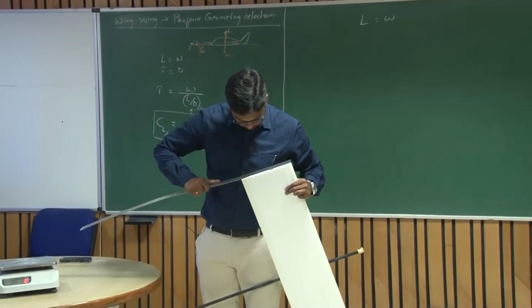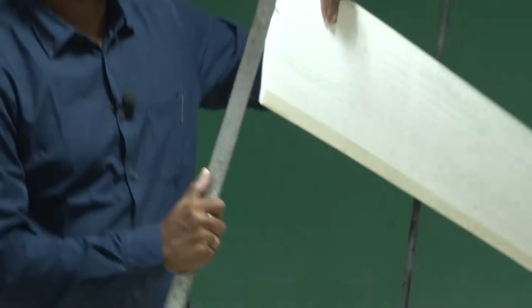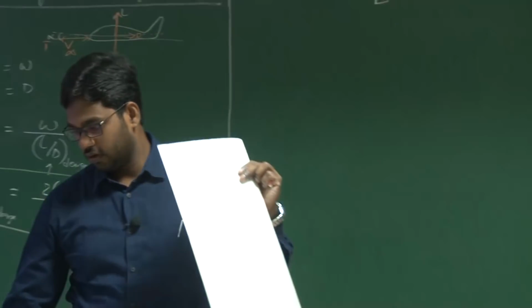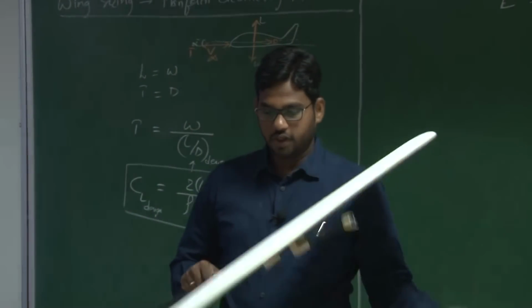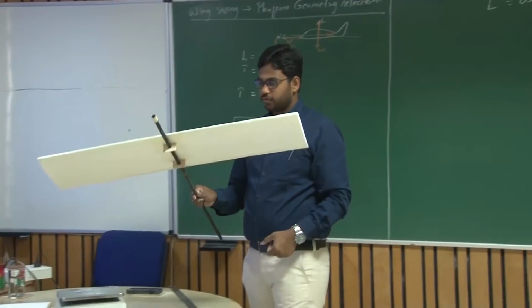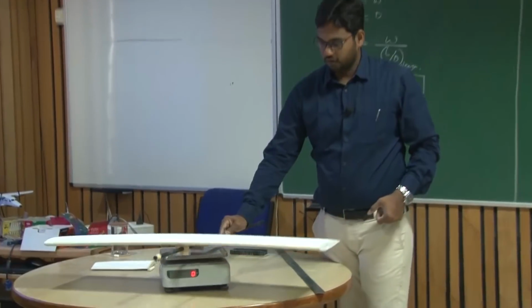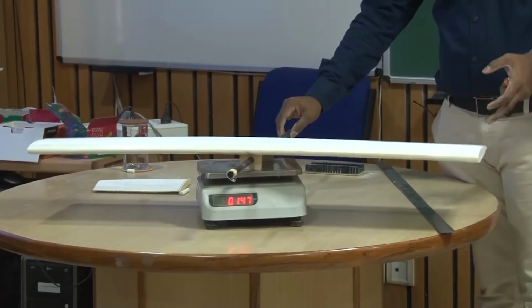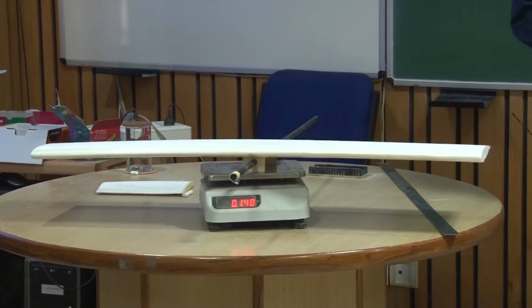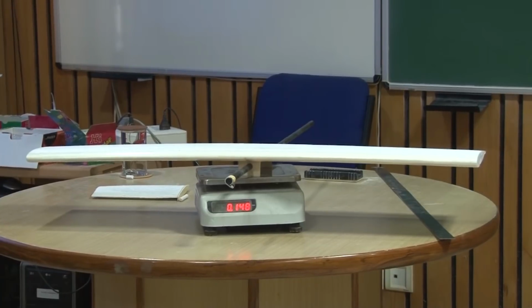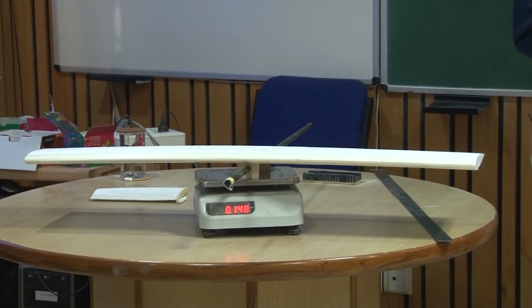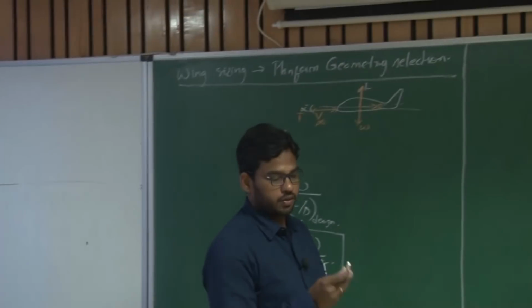The chord is approximately 23 centimeters. Okay, fine. So how much weight, or the lift generated by this wing or this planform, what is the weight that it can sustain? So let us look into that.